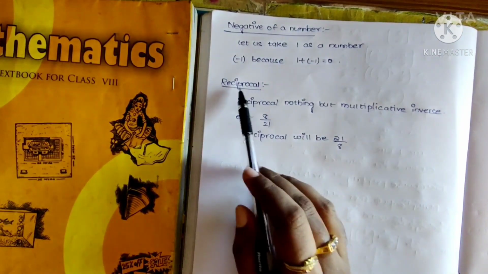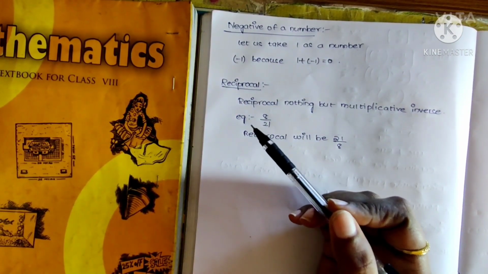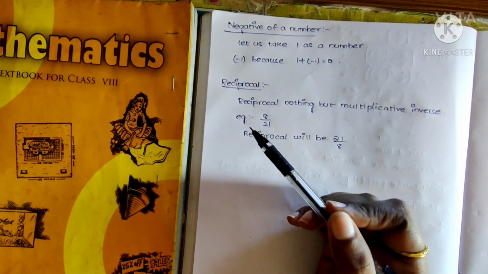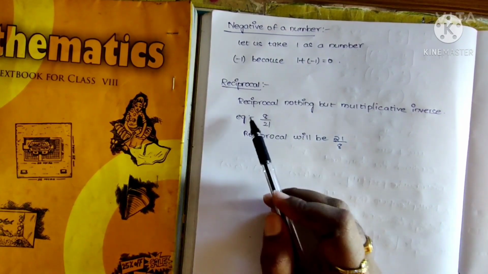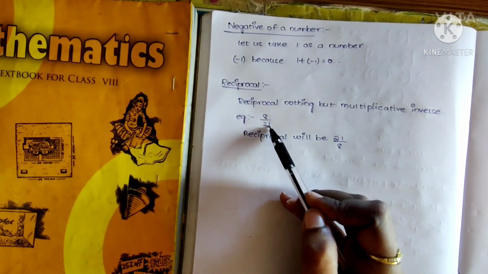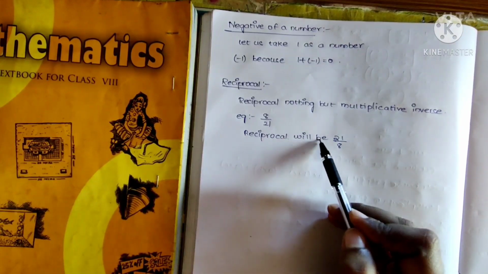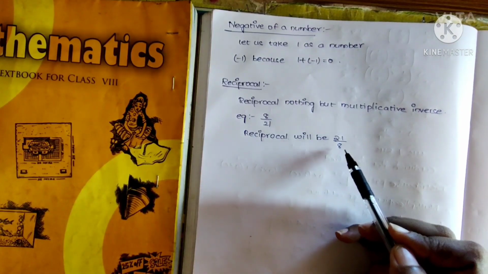And now we will see the reciprocal of the number. Reciprocal is nothing but multiplicative inverse of the number, also called the multiplicative inverse. For example, we take 8 by 21 as the number, and its reciprocal will be reversed, and the result will be 21 by 8.